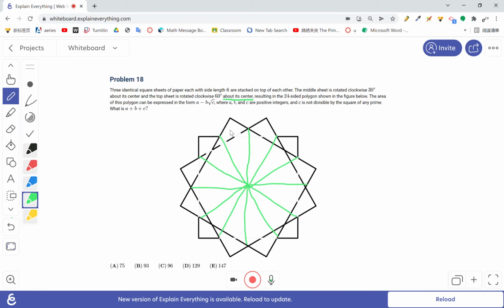So you can see that since this is rotated and they're intersecting, it's clear that this is equal to this, and this is equal to this, right? All the extraneous line segments are equal. So we can see that all these lines are equal, right? And people will ask, how is this going to help?